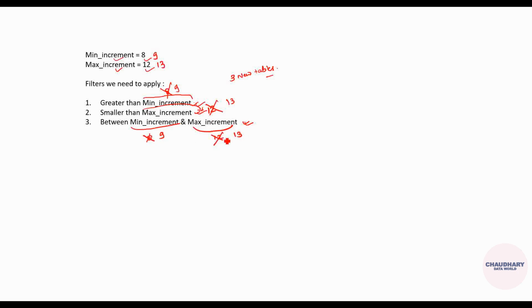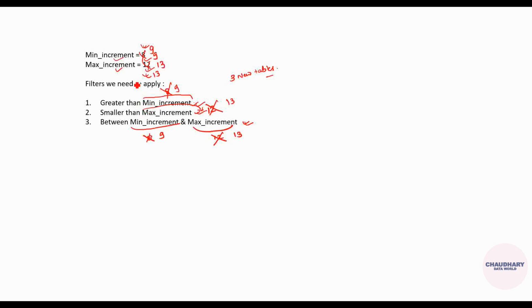Get rid of all these activities of changing manually. If you simply change it here only, 8 to 9 and 12 to 13, and we have declared it as a variable, in greater than minimum increment, smaller than maximum increment, and between minimum increment and maximum increment, you need to change at two places only, and the things will be done.